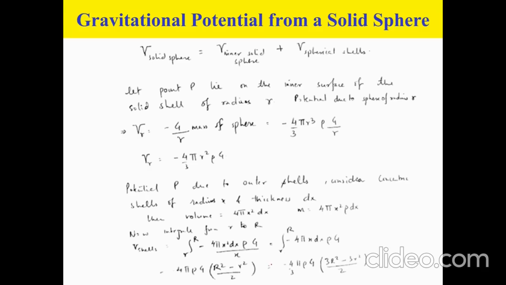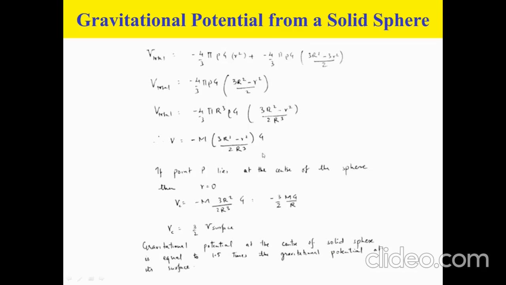Here, what we can do is divide and multiply this equation by 3, and it will become apparent why we are doing this. If you look at our total expression now, the first term from the solid sphere is (4/3)πρg r², and then you have a second expression, which is (4/3)πρg times some other expression inside.